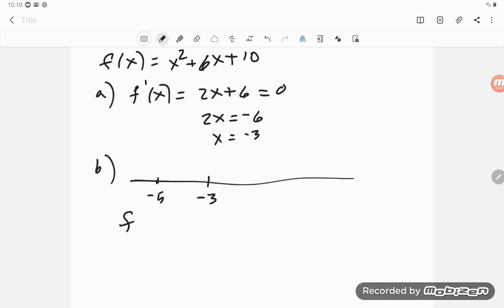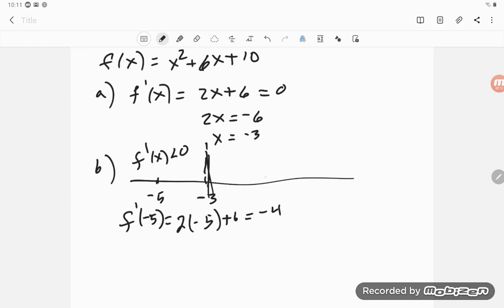If I look at f prime of -5, I get 2 times -5 plus 6, and that's -4. So here's where things separate, at x equals -3. But over here we have f prime of x is less than 0.